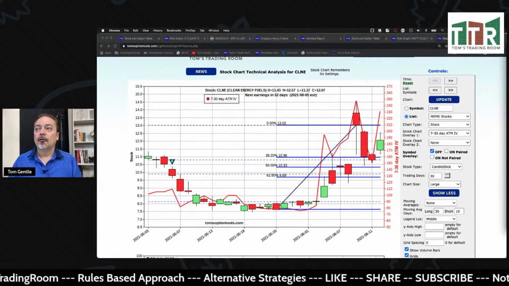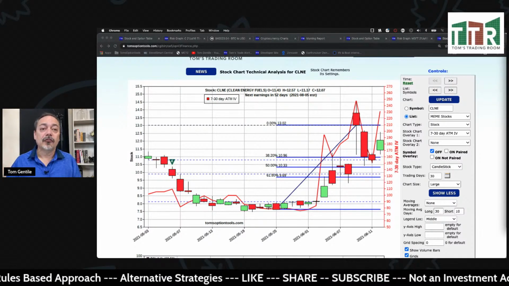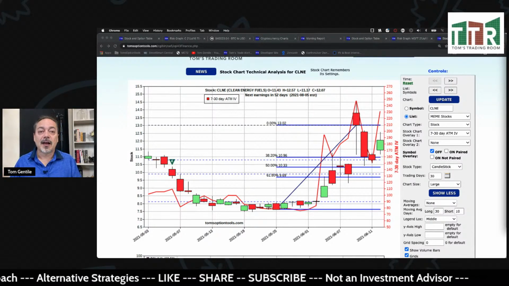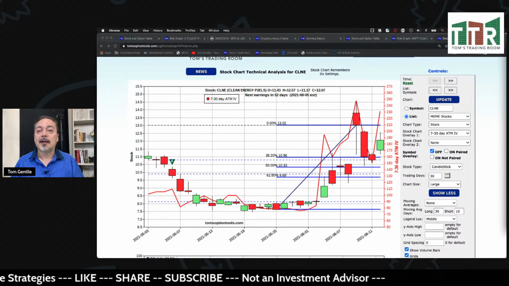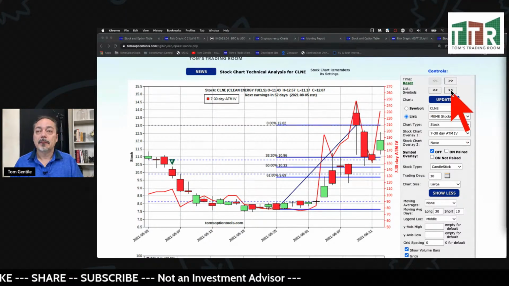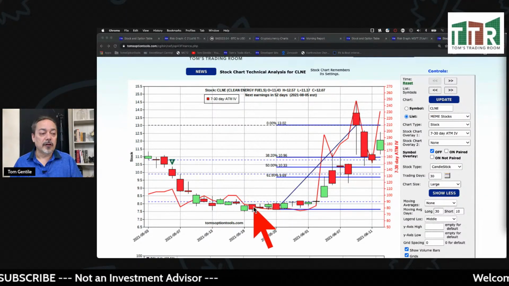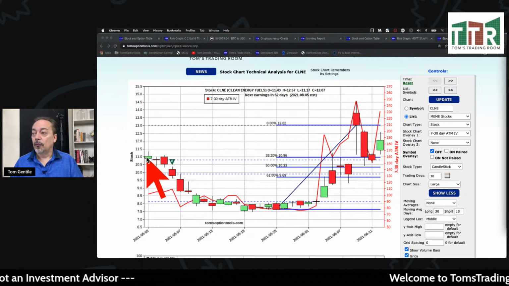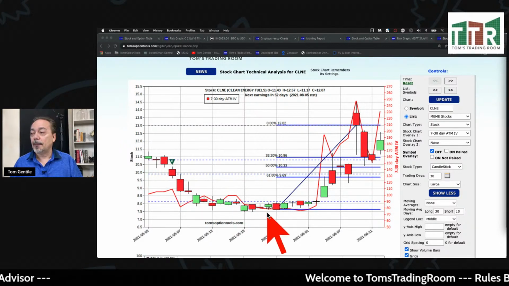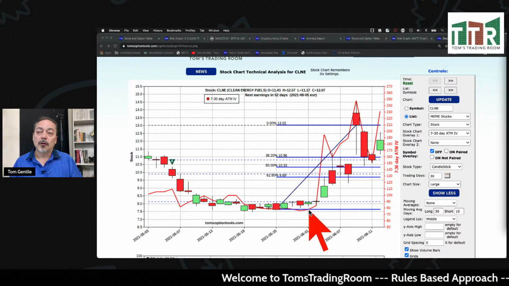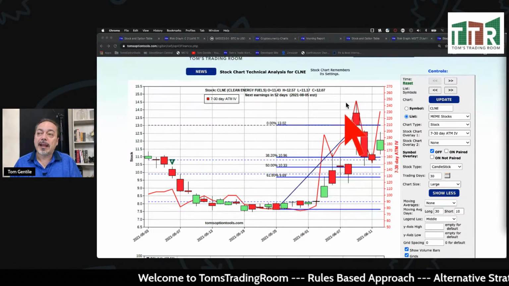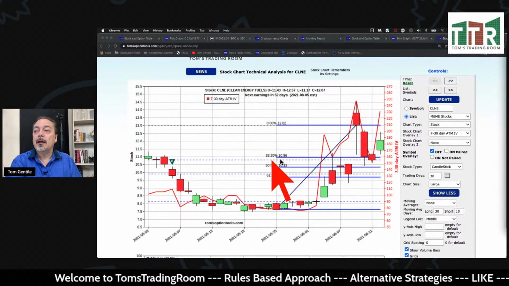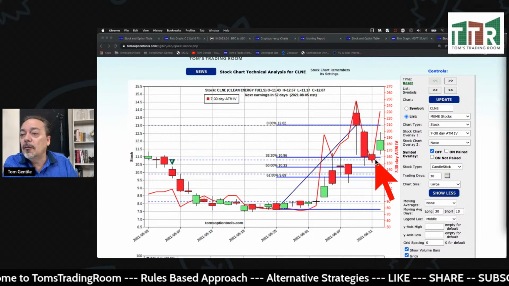All right. So Clean Energy Fuels was the most talked about stock coming into today. You take a look at Clean Energy, you could see that it was an $11 stock back in May, dropped all the way down to $7.50. But look what happened in the last couple of weeks. We ran up, we dropped down, and we hit that $11, just below $11.